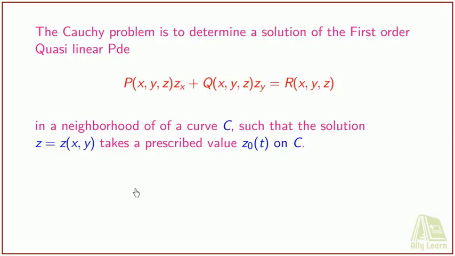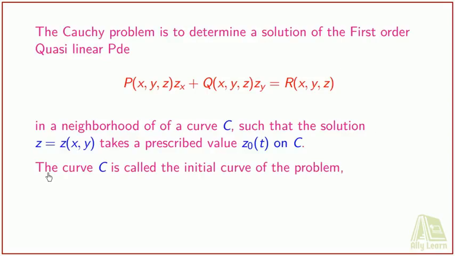So let's come again. In the Cauchy problem, we have to first of all find the general solution of this first order quasi-linear PDE and then use these initial conditions to get rid of the arbitrary function that we get in the general solution of the first order quasi-linear PDE.